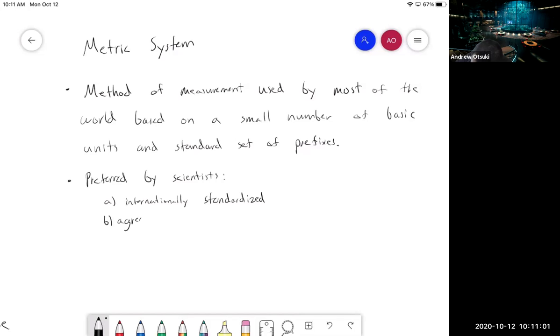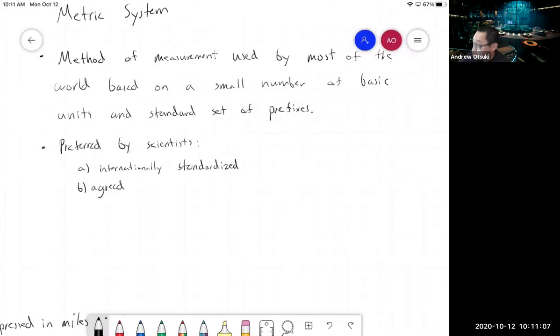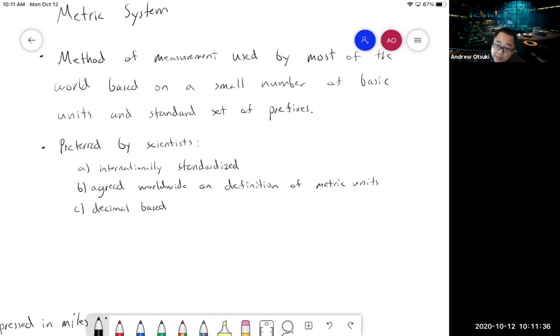It's agreed worldwide on definitions of metric units. And B, it's decimal based, so easy to manipulate and convert to other units. So it's standardized internationally, so everyone agrees, and it's based on a standard that everyone uses.